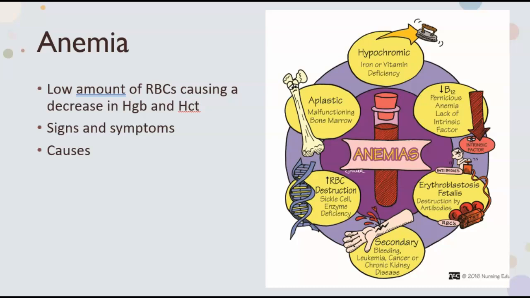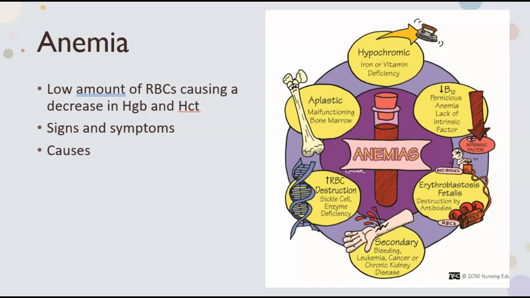If it's a chronic problem, such as pernicious anemia, the problem might be found accidentally on a routine lab draw. They might have general malaise or heart palpitations, shortness of breath on exertion.